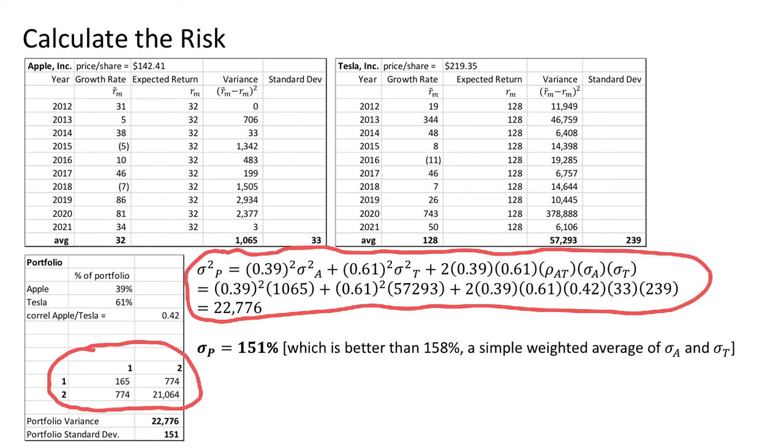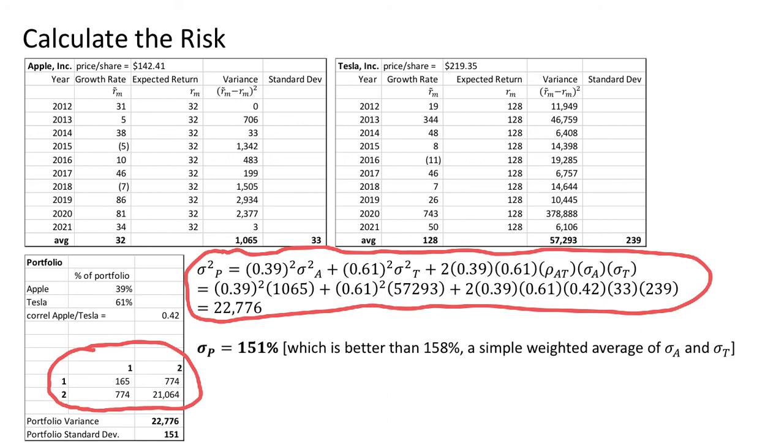Then we need to multiply that times the standard deviation of Apple, which is 33, times the standard deviation of Tesla, which is 239. This number will yield 2 times 774, or two 774s, which is what we see on our matrix.